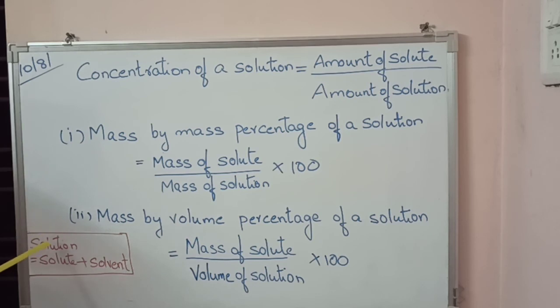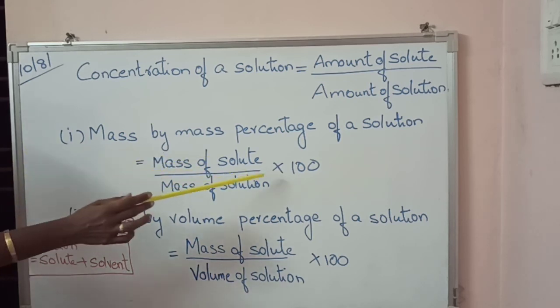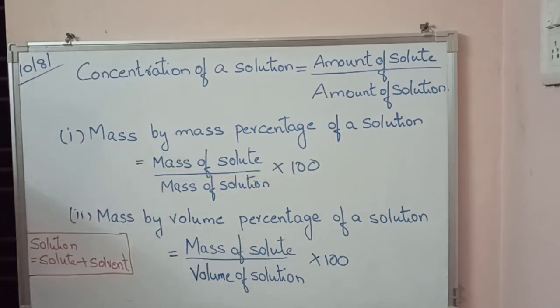Here it is expressed as a percentage, that's why we multiply it by 100. So mass by mass percentage is equal to mass of solute by mass of solution into 100.